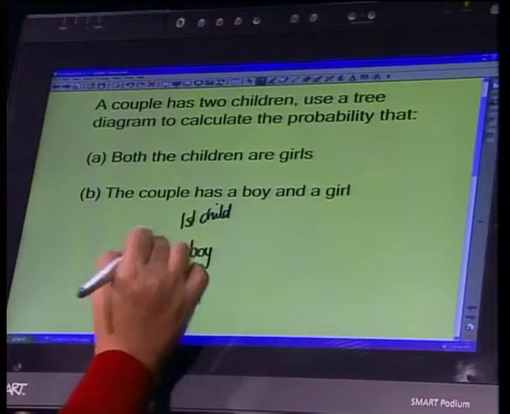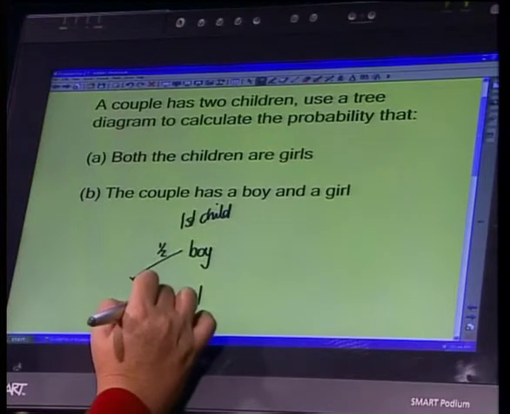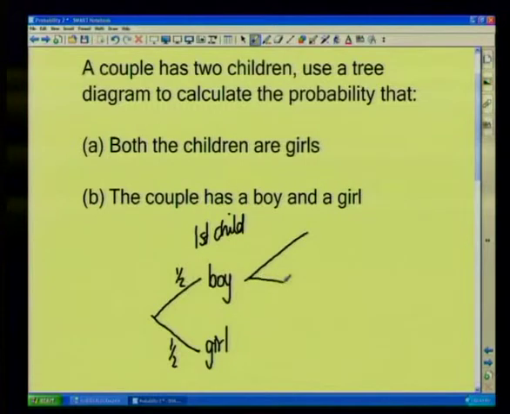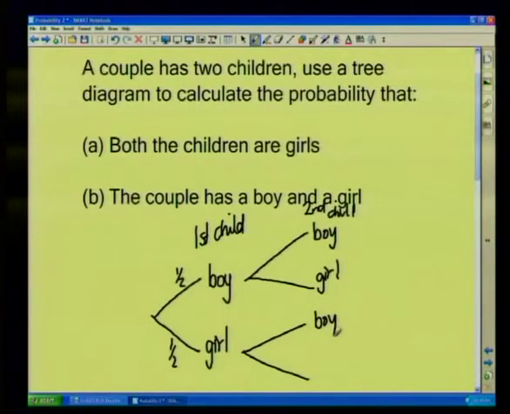Okay, now the probability, generally speaking, is I've got half a chance of getting a boy and half a chance of getting a girl. The second child, I still have the same choices. I've still got the chance of getting a boy or a girl, and a boy and a girl.